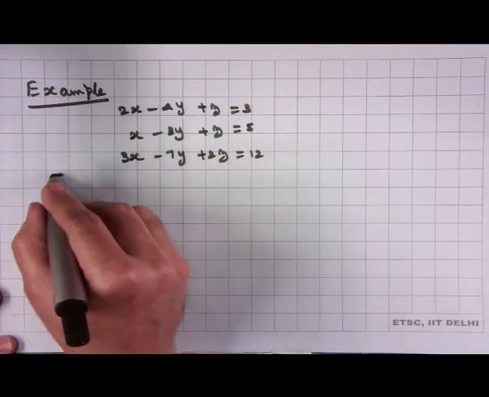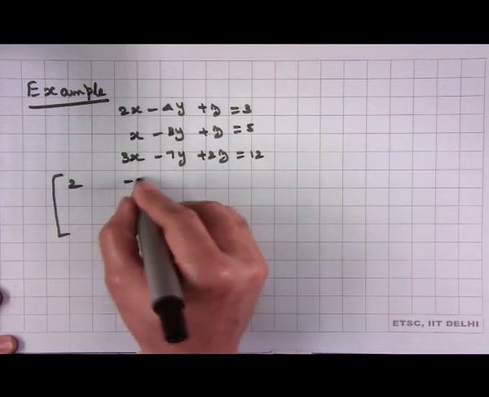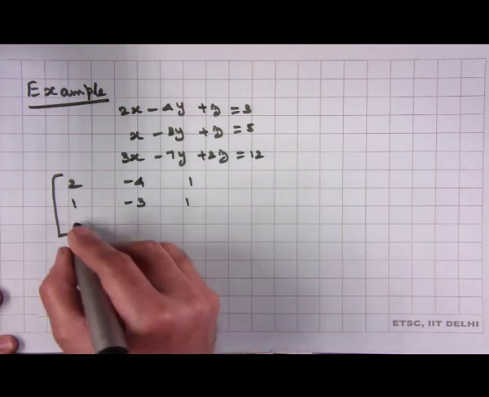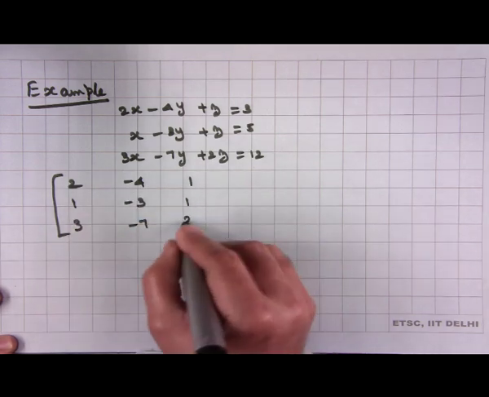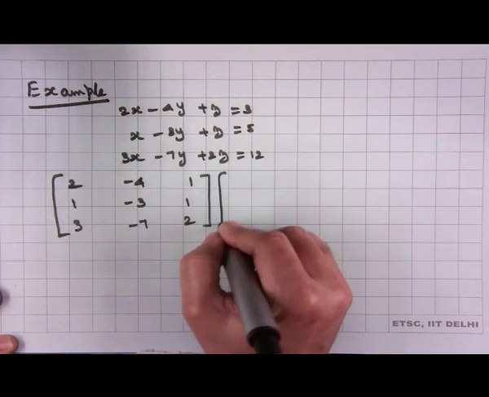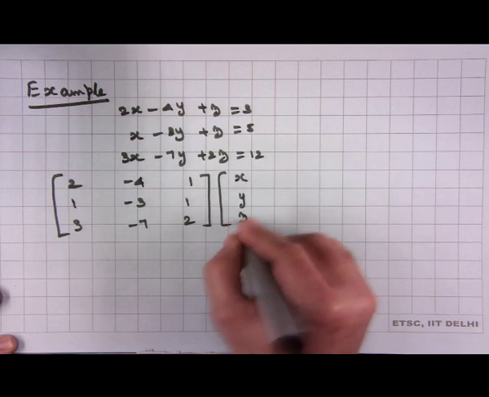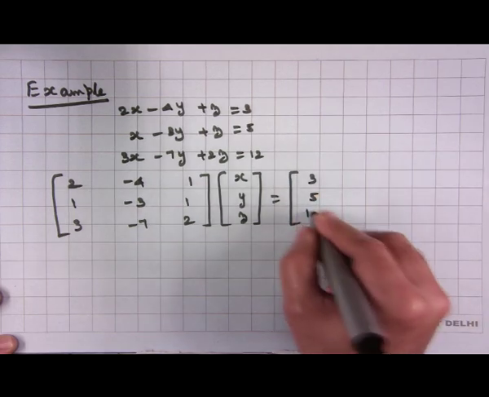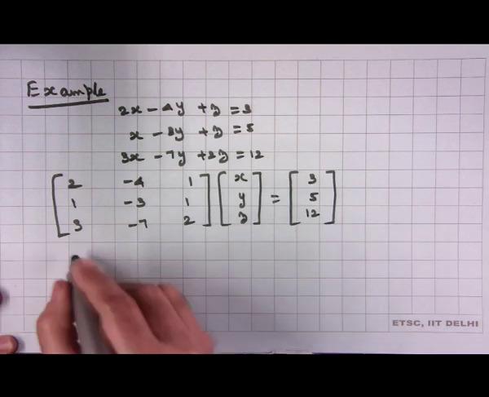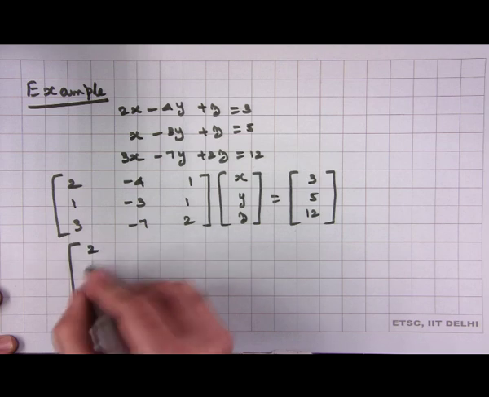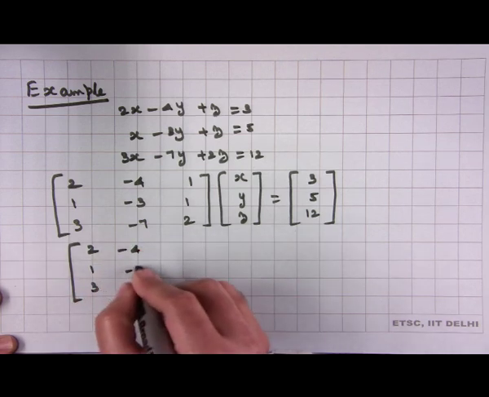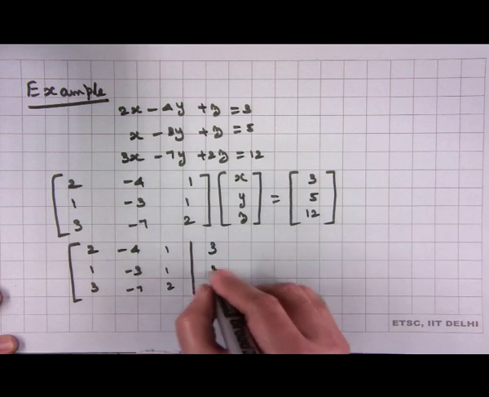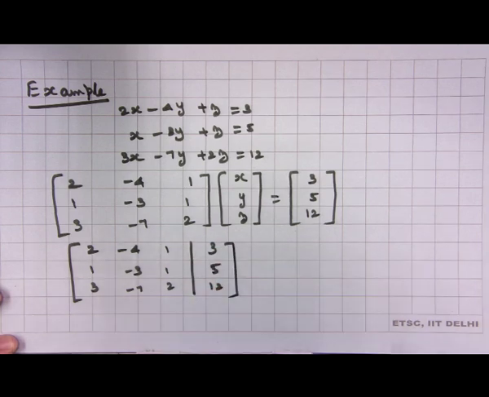So, now let us write down the matrix form of this: 2 minus 4 1, 1 minus 3 1, 3 minus 7 2, when applied on the unknowns x y z, should give me 3 5 and 12. The augmented matrix for this is 2 minus 4 1, 1 minus 3 1, 3 minus 7 2, augmented with 3 5 12.